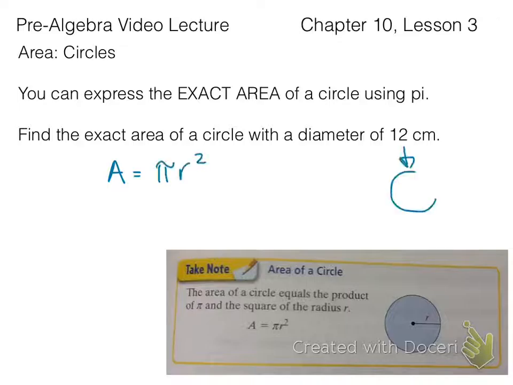All right, so now if we were going to find the exact area of a circle, we would use pi. And a lot of you are going to be like, well, pi is 3.14. Well, the thing is when we're finding the exact area, we're not going to actually replace pi with 3.14 because 3.14 is an approximation.